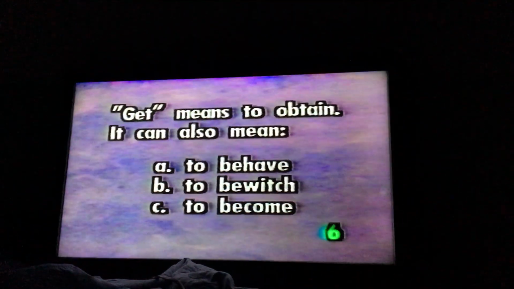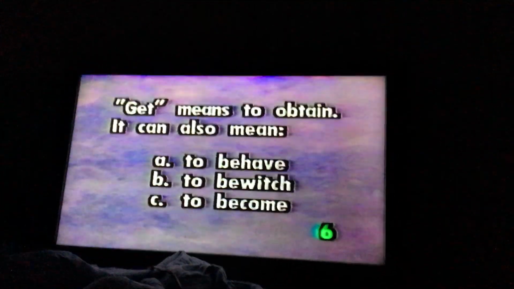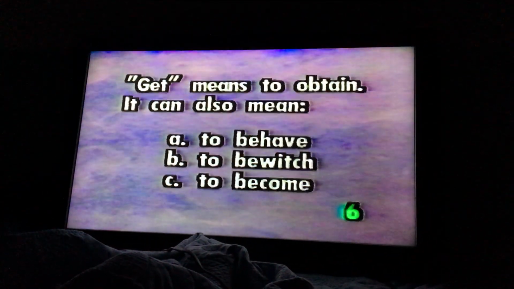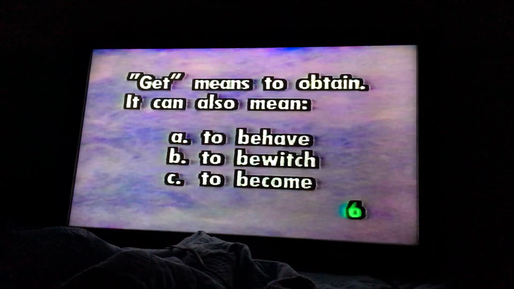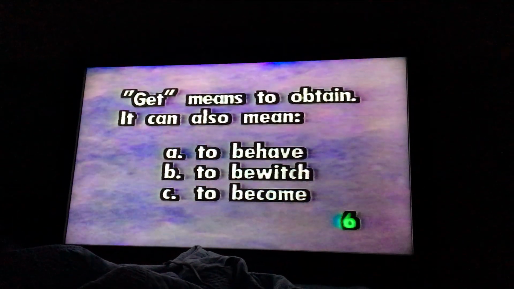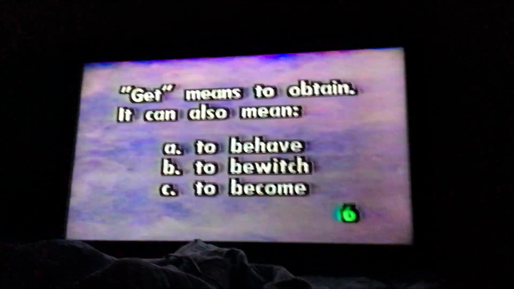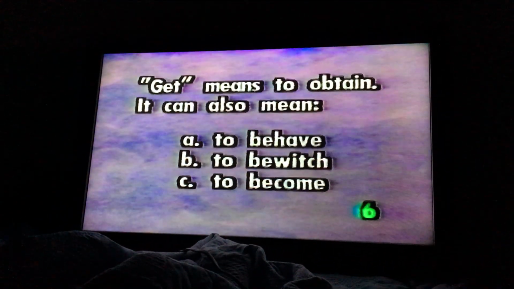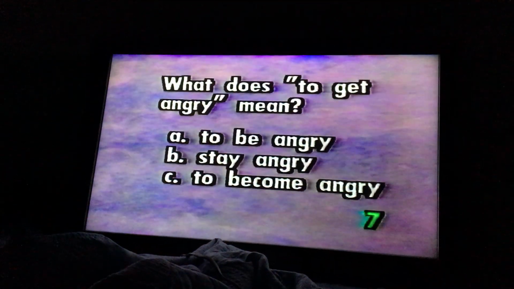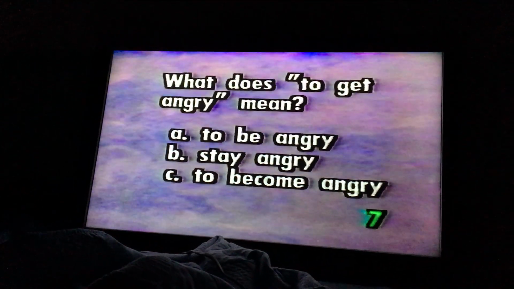Get means to obtain. It can also mean to behave, to bewitch, to become. What does to get angry mean?